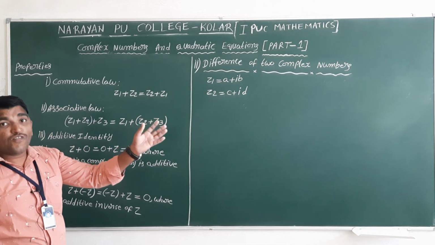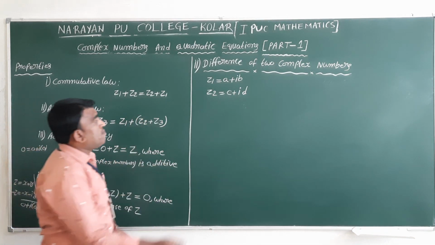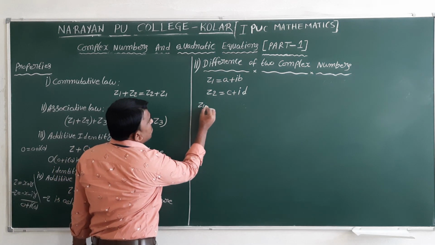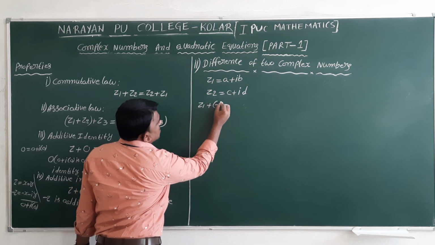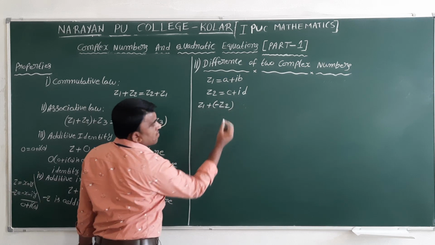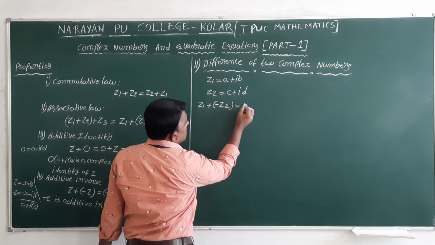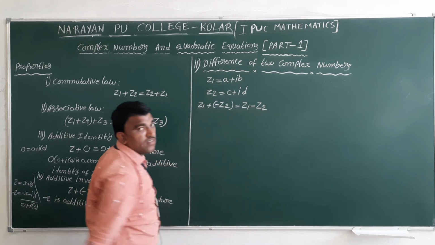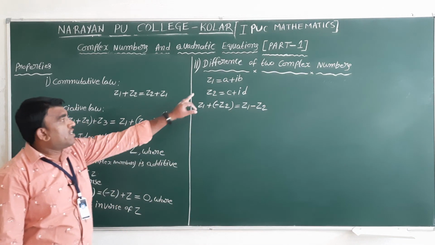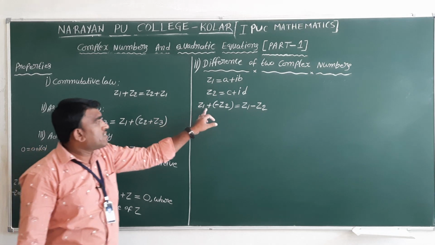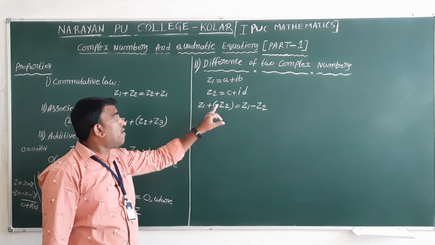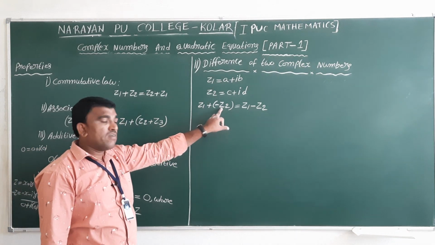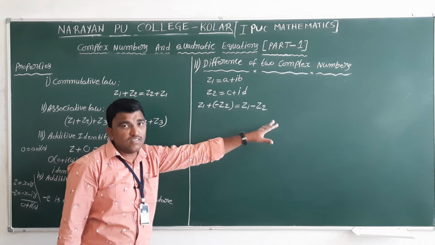The difference of two complex numbers is defined by z1 plus minus of z2, or we can also write directly z1 minus z2.